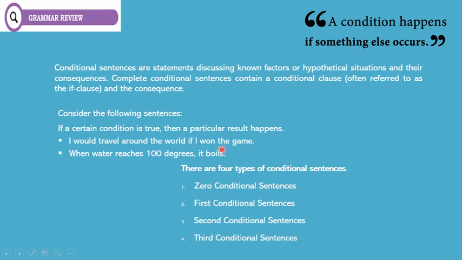If I won the game, this is an if clause, and the consequences here. You can see here is a hypothetical situation, because it may or may not be true, that the situation will happen in the future.